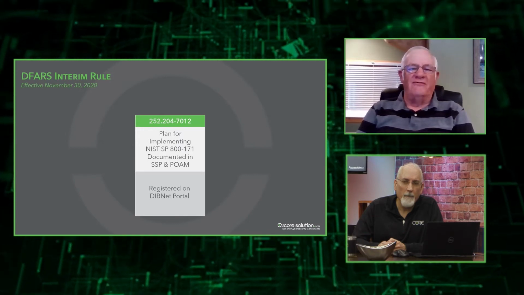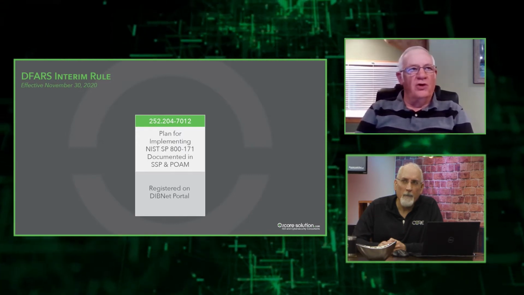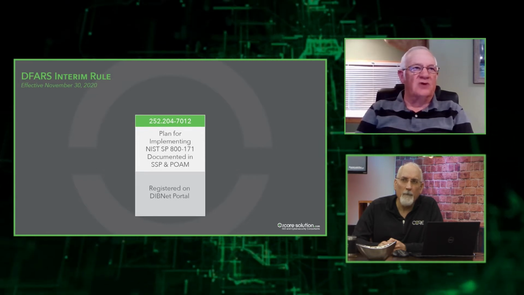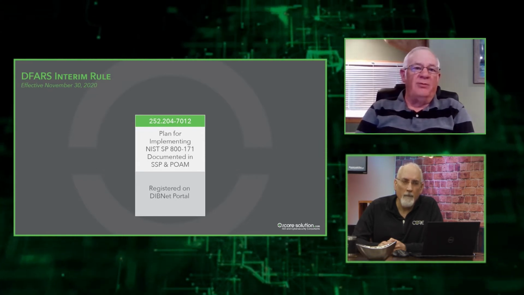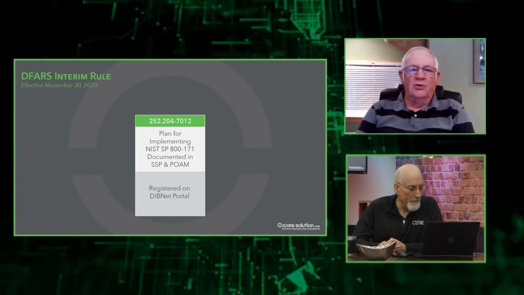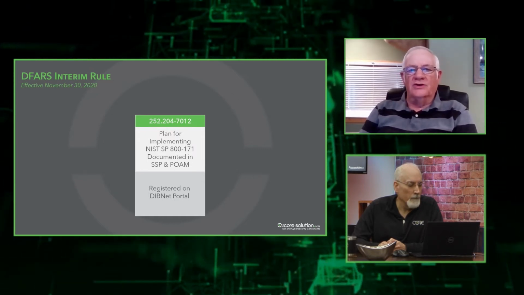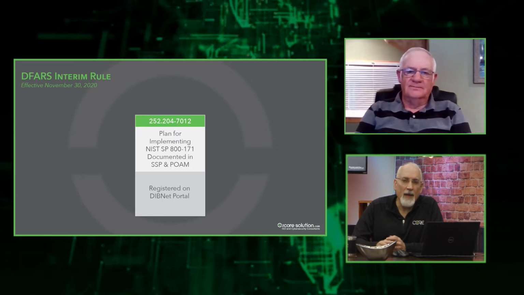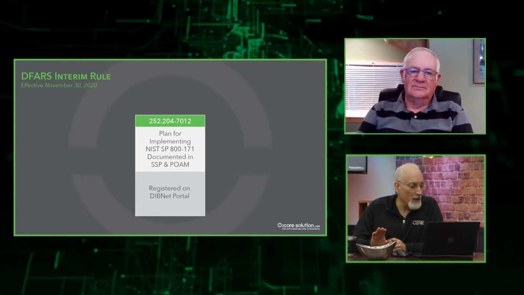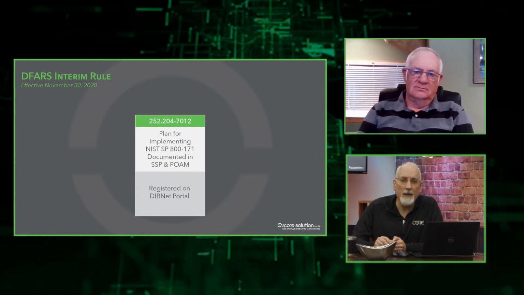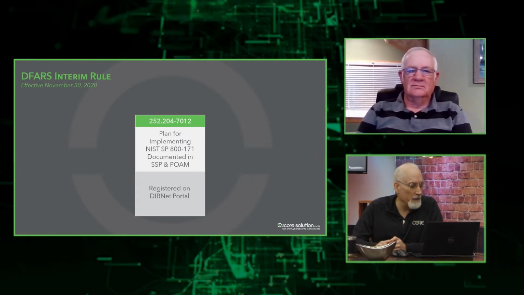You don't wait till you have a security issue before you go ahead and try to log on, because it takes some time to get that ID number. So yeah, you want to be proactive and get that ID number so that if an issue does occur, you can submit it appropriately. Okay, we have a link in our presentation we'll send everyone afterward. They could follow that link to learn more about DIBnet registration.